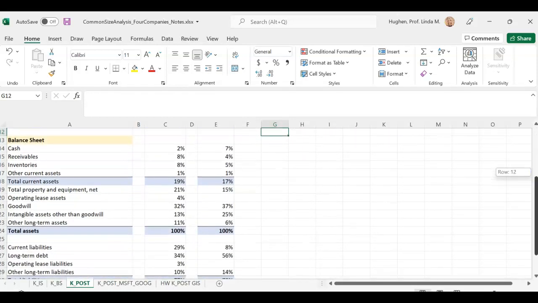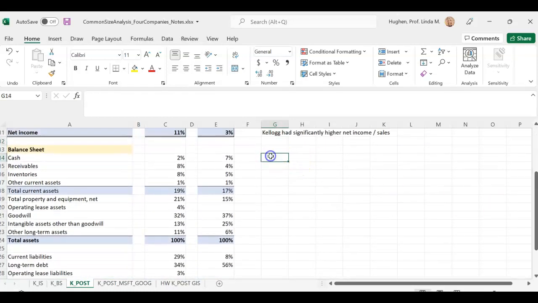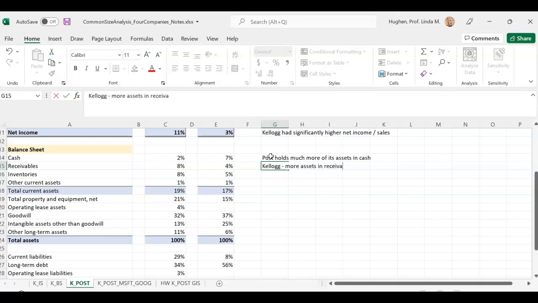When we look down the balance sheet, we see that Post is holding much more cash. Kellogg has much more in receivables. Kellogg has more in inventories.